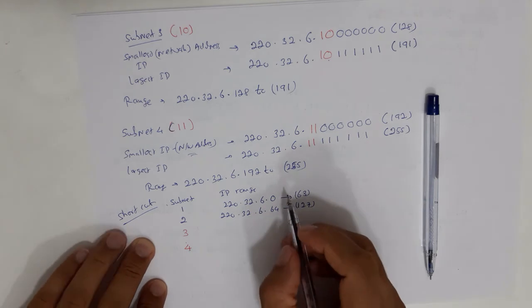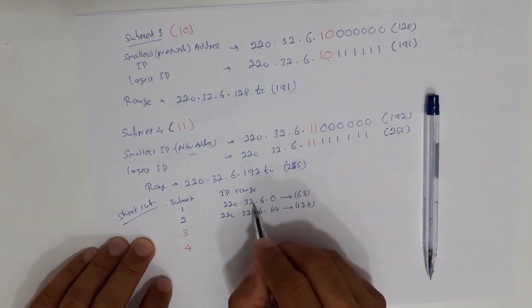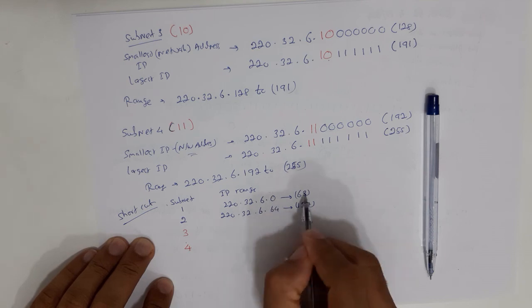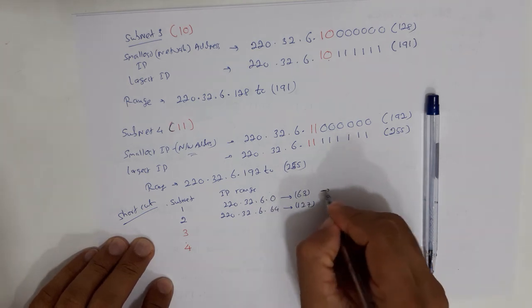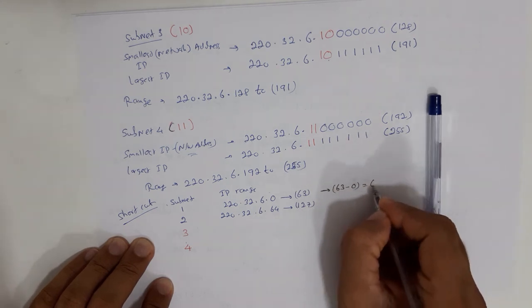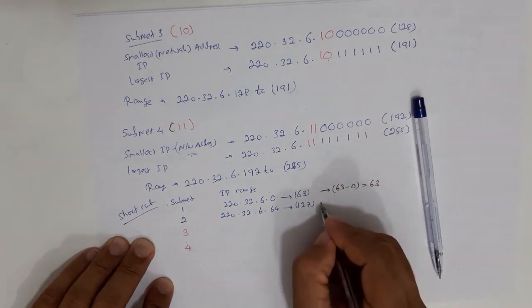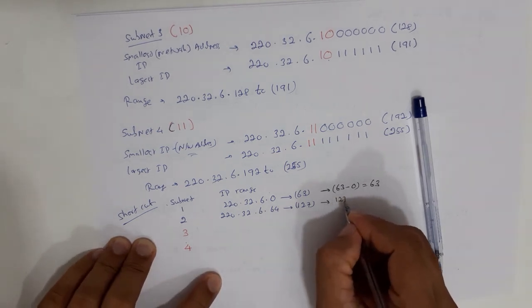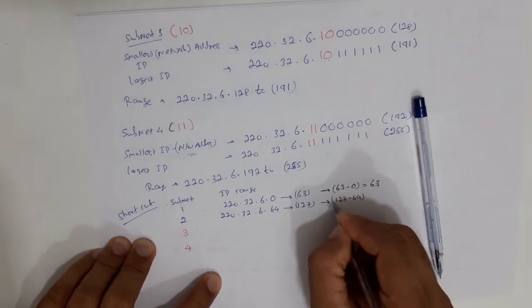So what is the pattern? When I consider the difference between the first IP and the last IP, last IP is 63, first is 0. If I get the difference, that is 63. I can observe the same in the second subnetwork, 127 to 64.